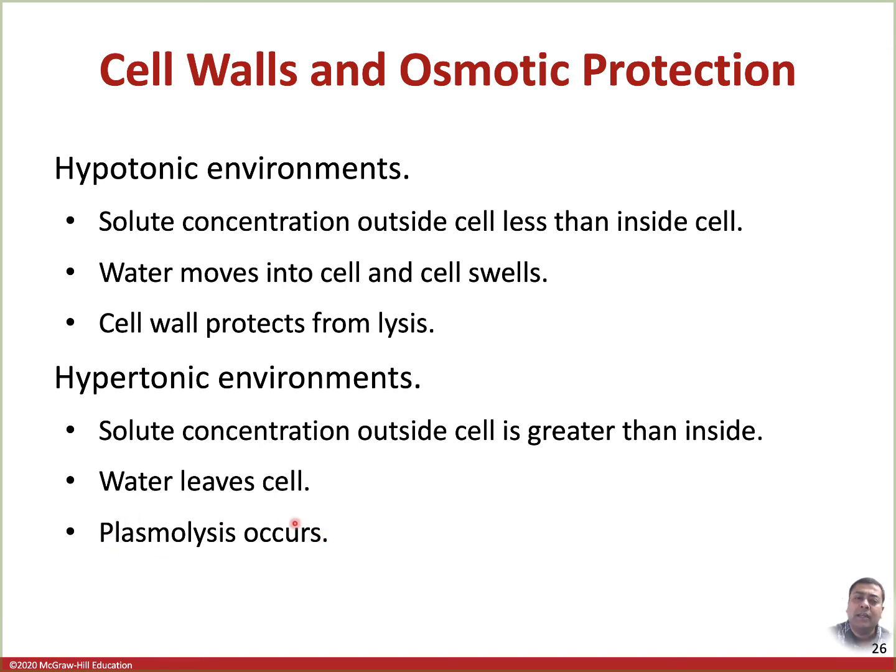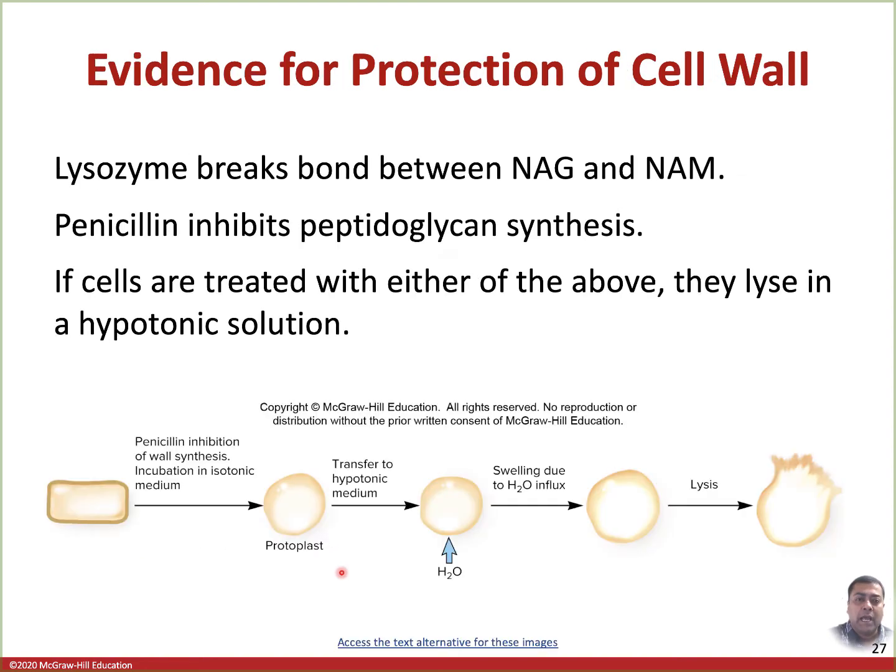It will not necessarily kill the cell, but it will shrink, dehydrate, and the cell may go into a kind of dormant state. This is the pickling process, where we use brine or vinegar to make a hypertonic environment so that the bacteria cannot grow. And plasmolysis occurs. If there are some bacteria, due to the plasmolysis, their metabolic process slows down.